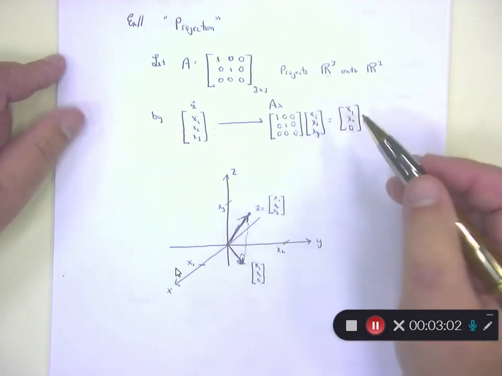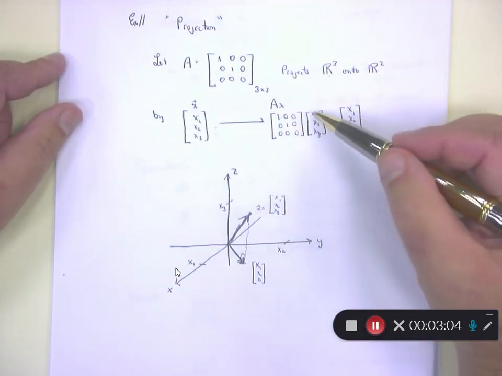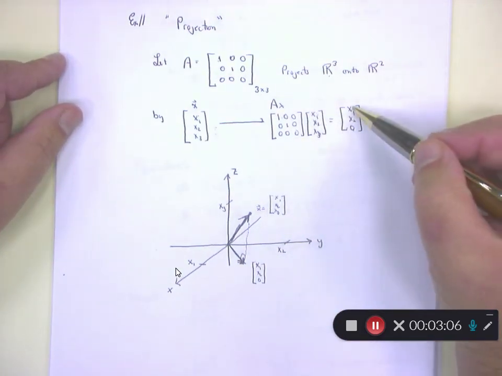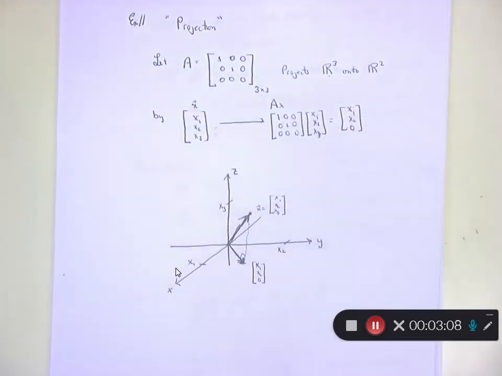So it takes this three-dimensional vector and only focuses on the first two components and makes the third component 0.